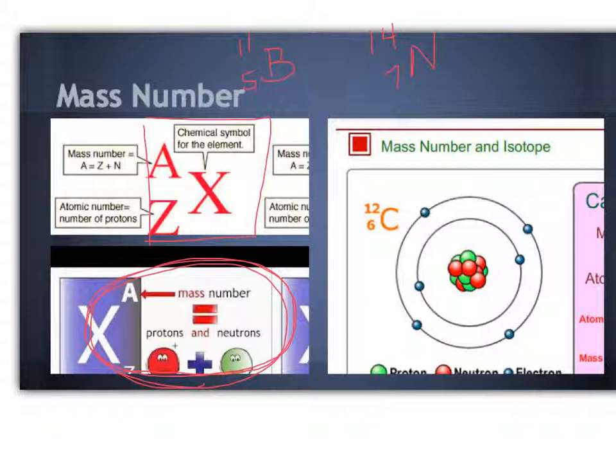Carbon 12 has 6 protons and 6 neutrons, and that gives us carbon 12. It has an atomic number of 6, or 6 protons, so we put those in the bottom. Also need to remember that whatever number of protons you have, you have the same number of electrons.